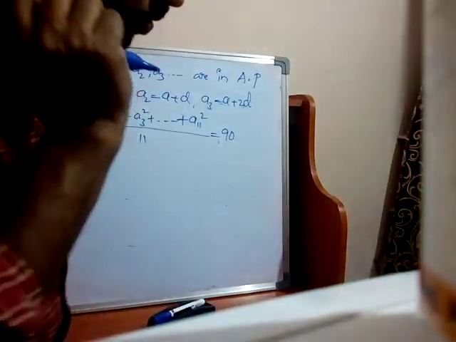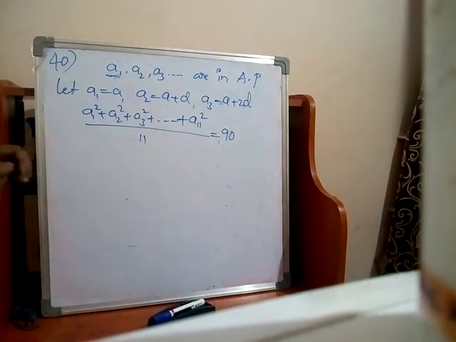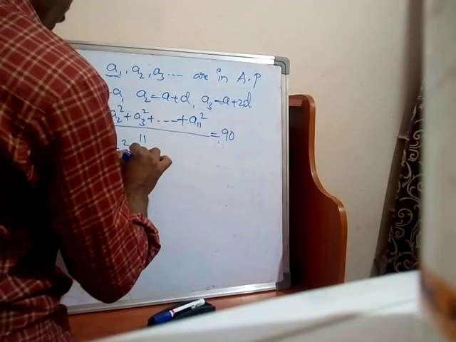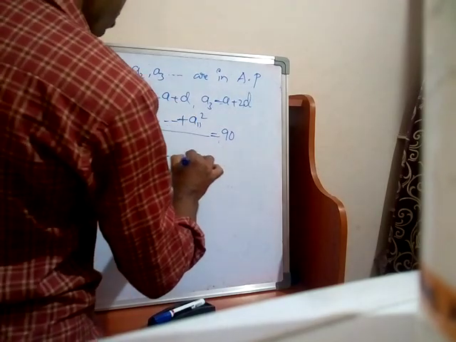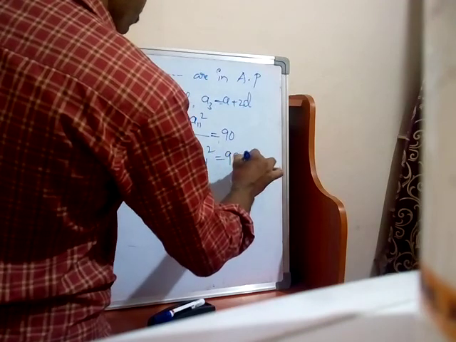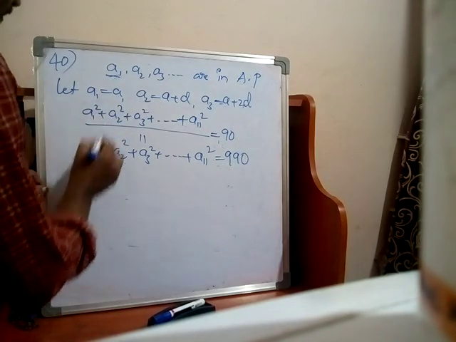A1 square plus A2 square plus so on up to A11 square, divided by 11, that result is 90. So transfer this to the other side: A1 square plus A2 square plus A3 square plus so on up to A11 square is equal to 990. Okay, now see this here. A1 square, what is A1?